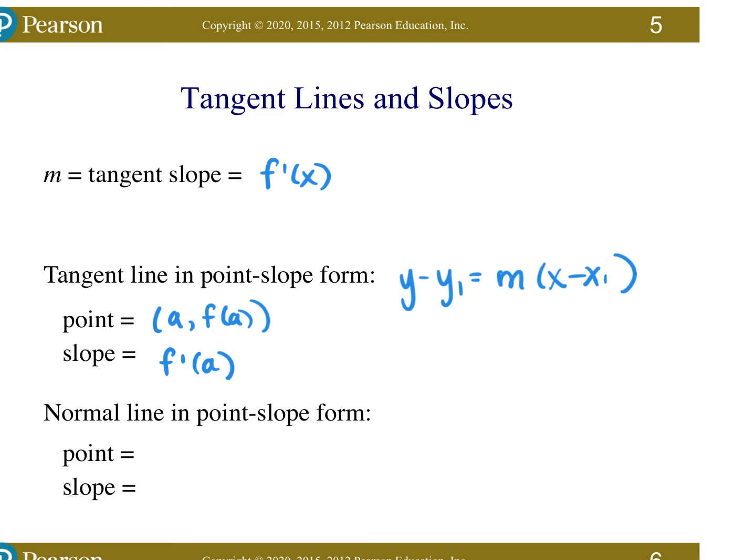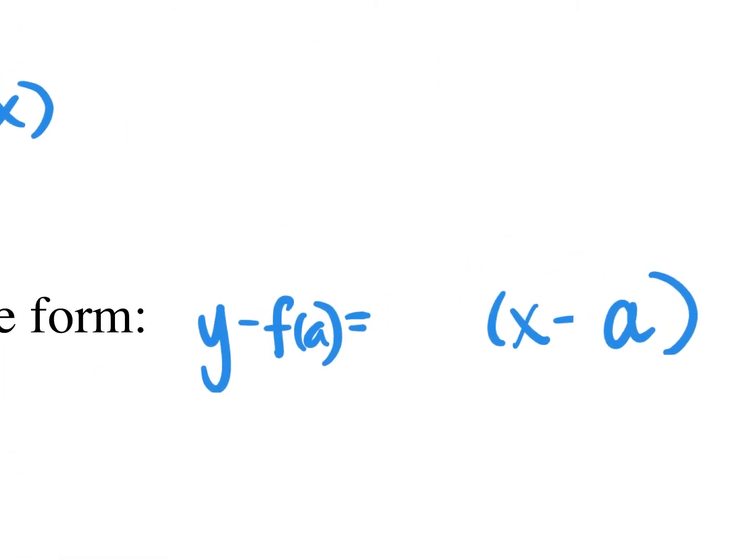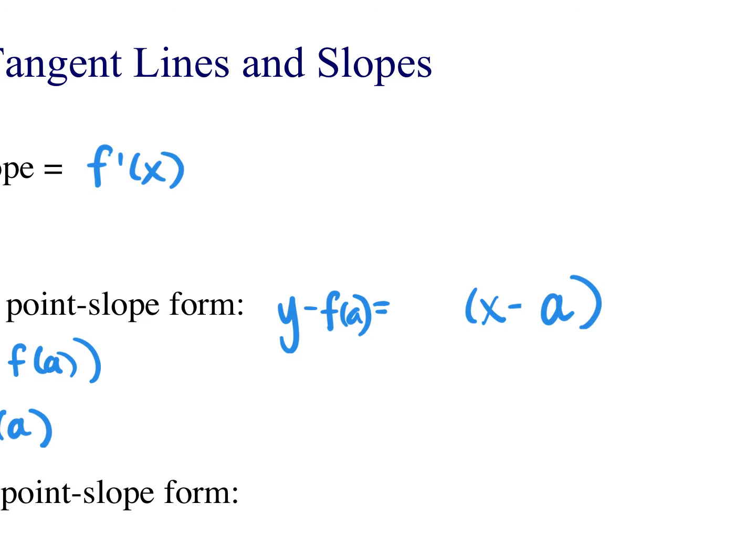Where do I put the a? x1. Where do I put the f of a? y1, that's the function value. And f prime of a goes in for m as the derivative.